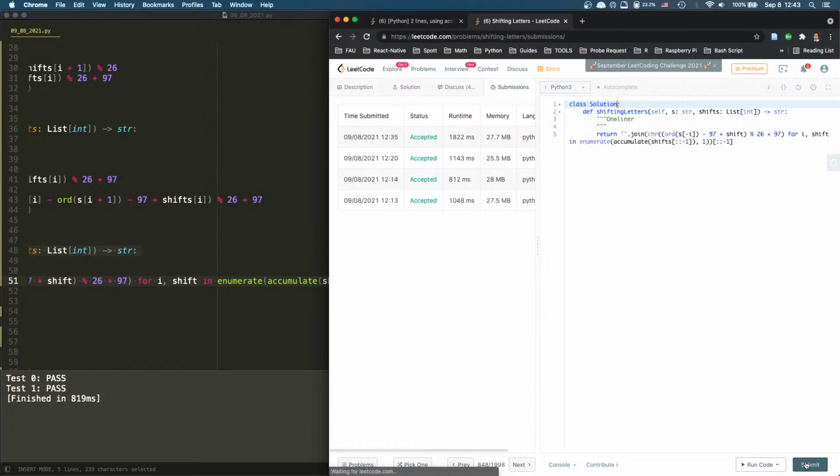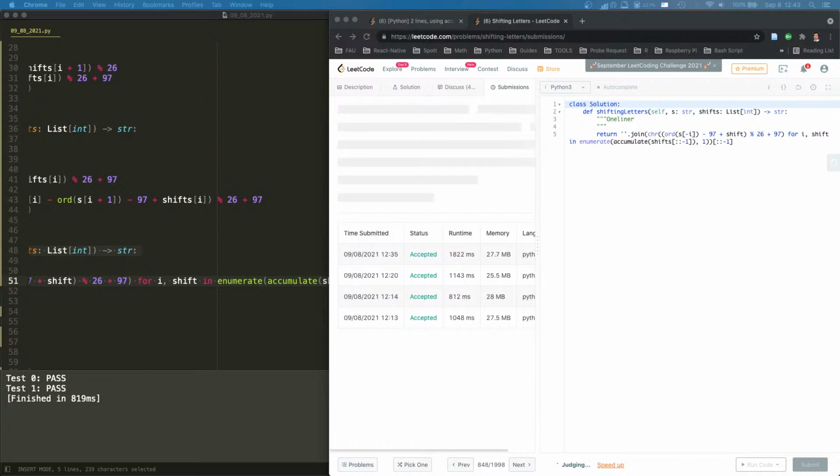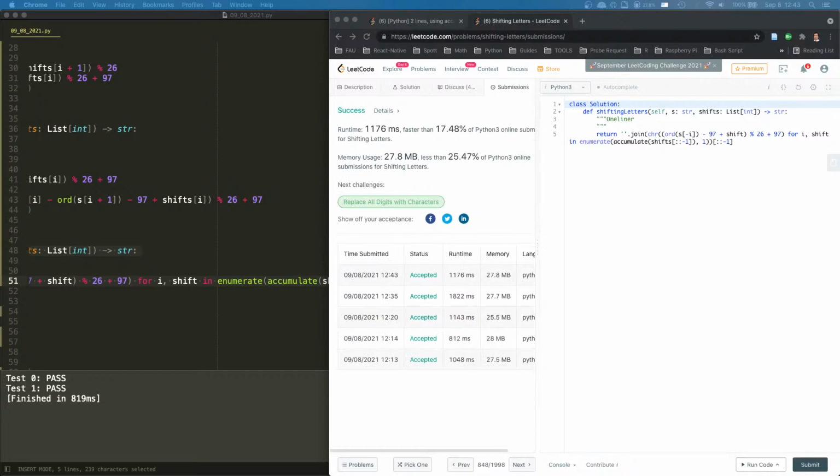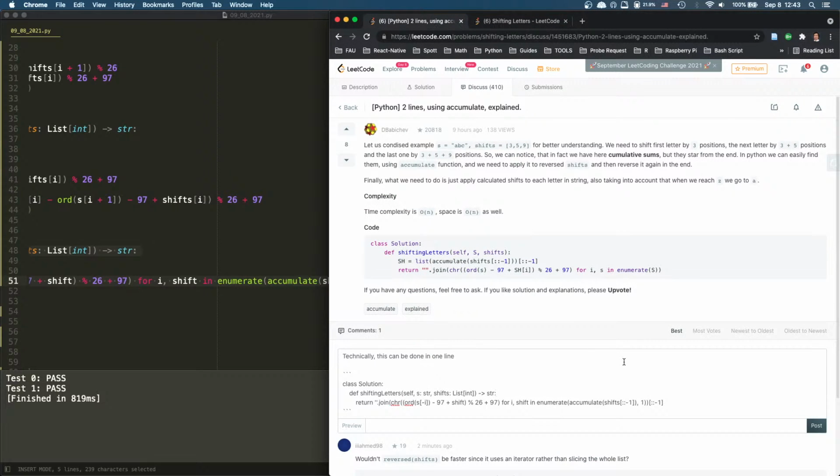Submit. Why is it so slow? Which thing is taking all the CPU? OBS is taking a lot. Kernel task is taking a lot. No. Oh, it's all right. It's all right. So I just want to know that it passed, so I can post this.